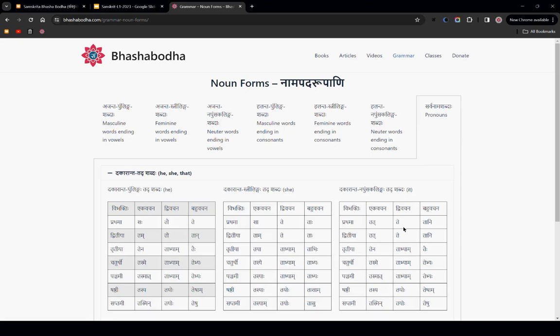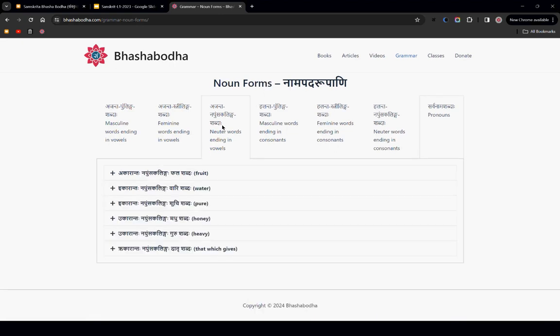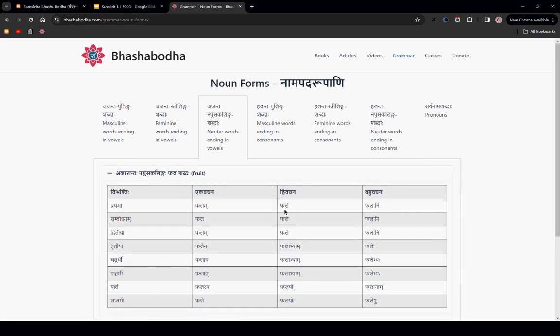Then Napumsakalinga Dvivachana is also the same form. Te. So if there are two fruits, then you can say te phale. So we have tat phalam, te phale, tani phalani. Tat phalam, that fruit, te phale, those two fruits, tani phalani, those many fruits, more than two.